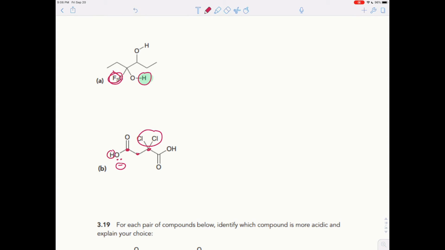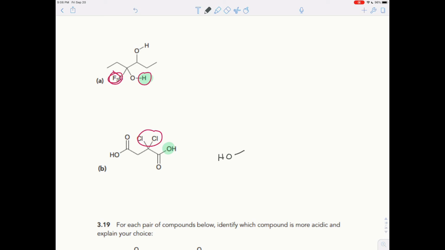That's 3 atoms away from the chlorines. So the effect of the chlorines on that hydrogen on the left would be smaller. So the chlorines will work to help stabilize the negative charge on the oxygen better. And so the hydrogen on that is more acidic.